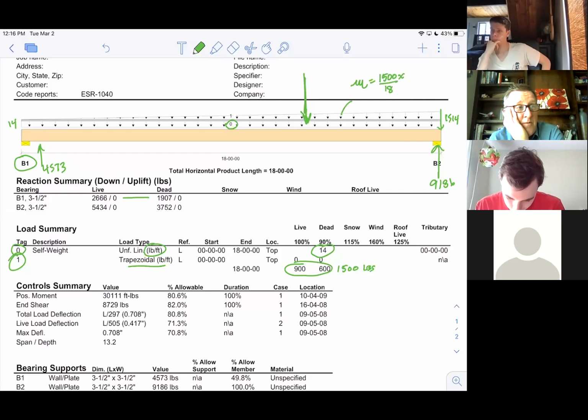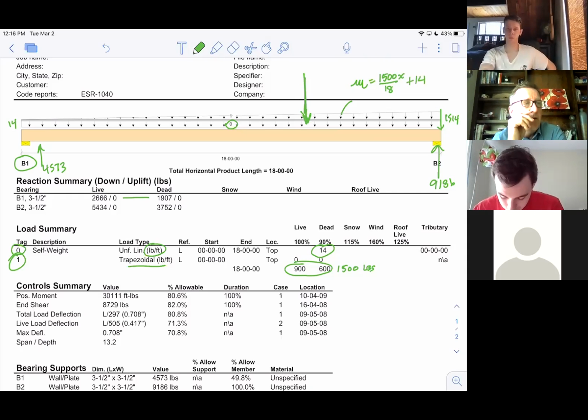So it's W over L. And then, because it's a trapezoid, it would be plus 14. That would be our equation for that top angled line. That's our weight equation, and in this case it's pounds per foot.